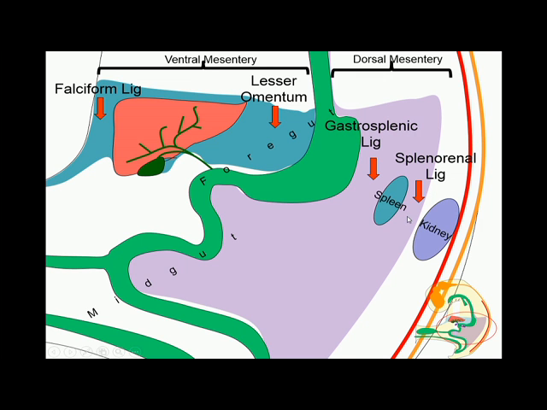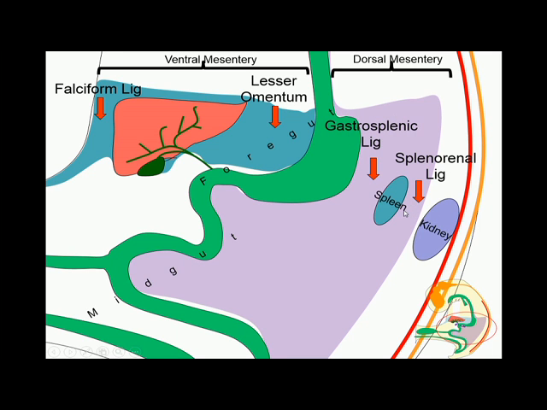In some books this is described as lienorenal, L-I-E-N-O, same thing. I think it's easy to remember splenorenal, spleen to kidney. So this part of the peritoneum, dorsal mesentery, will attach the spleen to the area of the kidney. So dorsal mesentery splits into the gastrosplenic and splenorenal ligament.